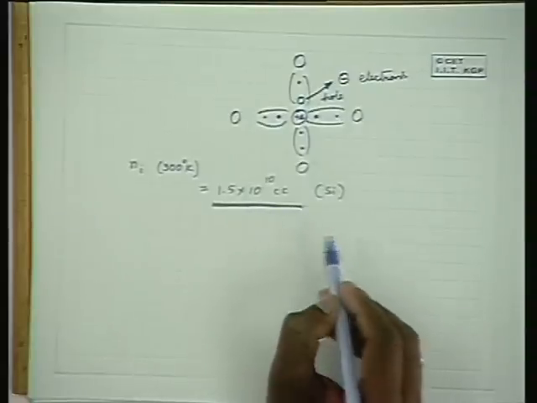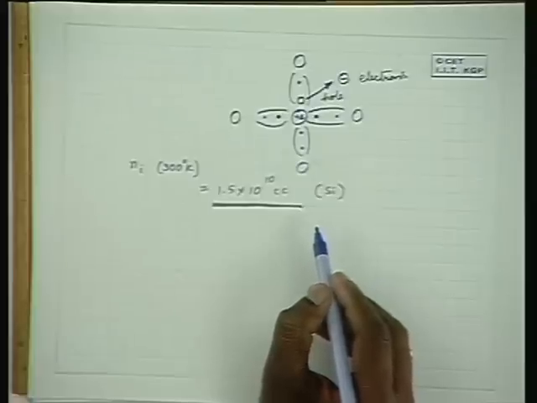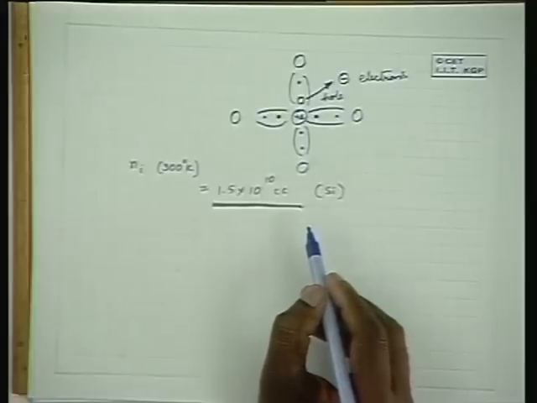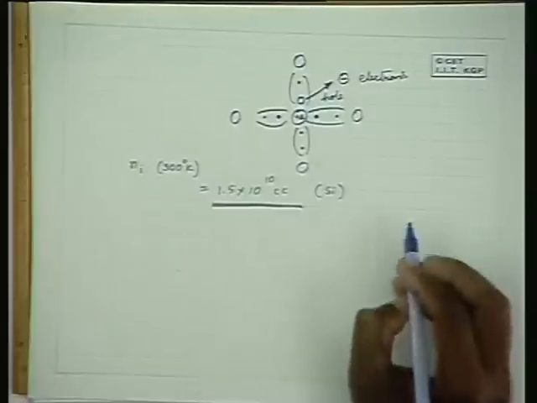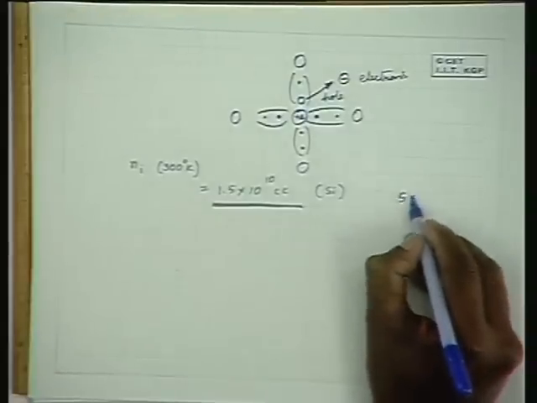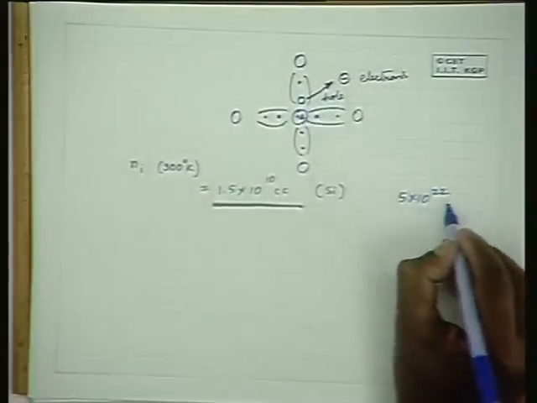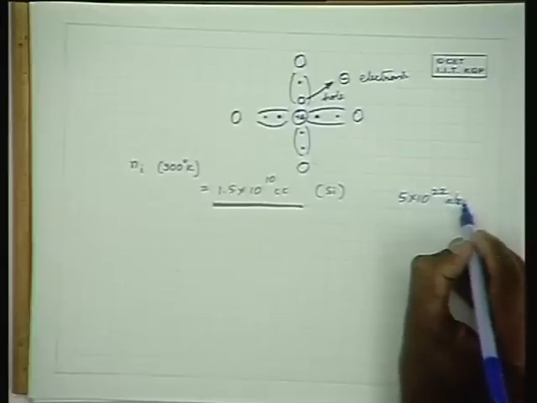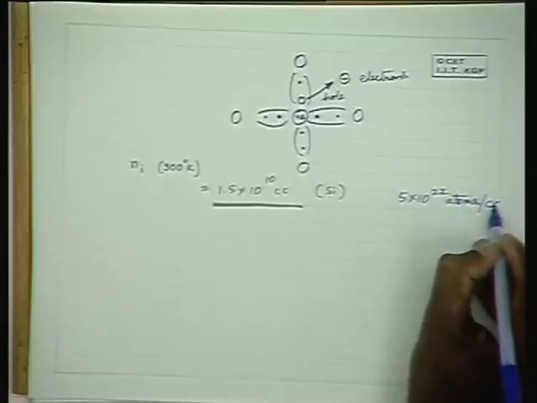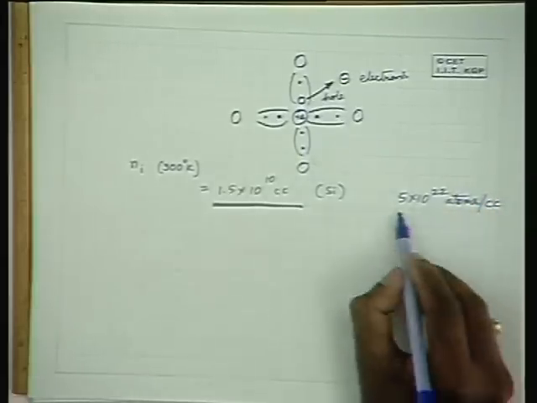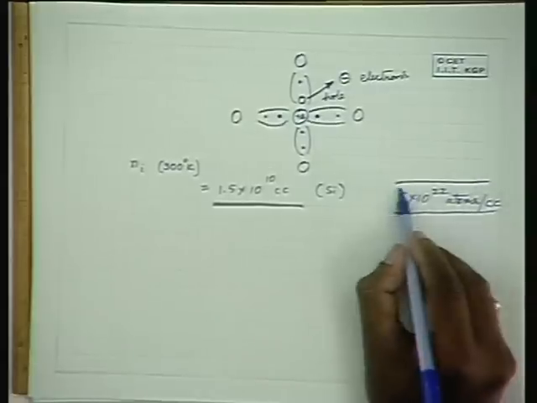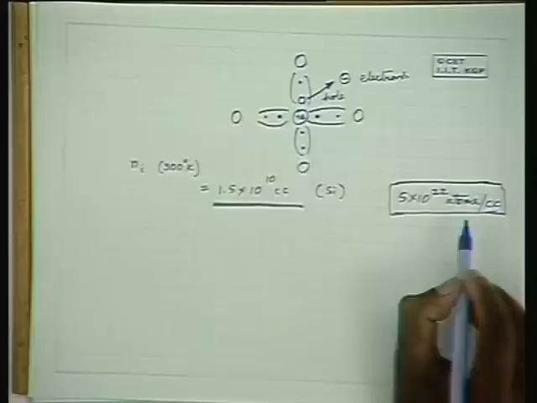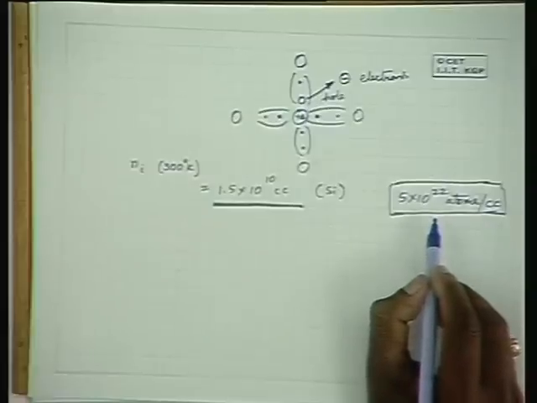And what is the proportion here? The concentration of silicon is 5 x 10^22 atoms per cc of material.